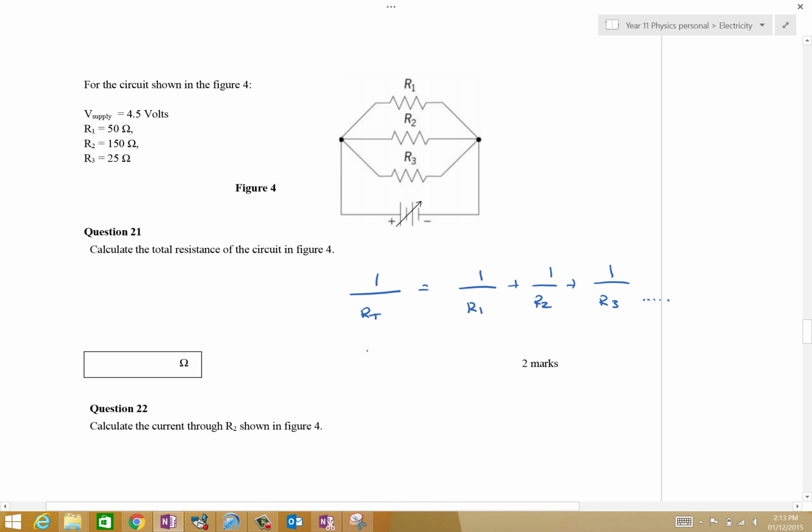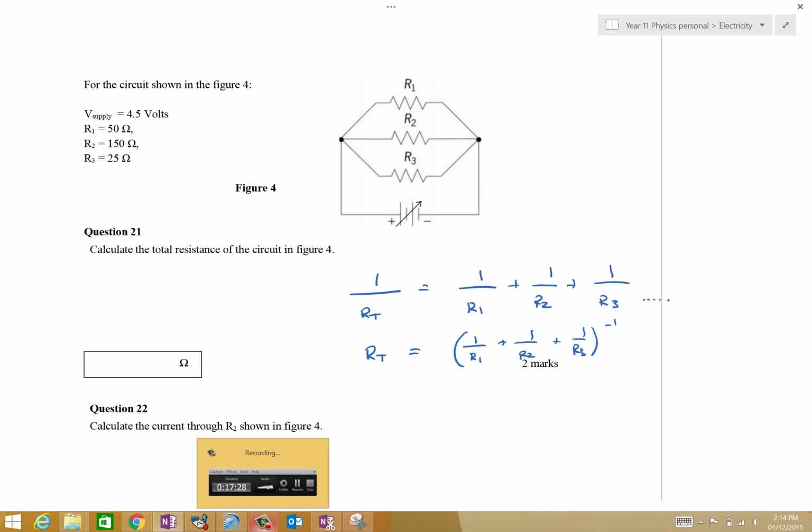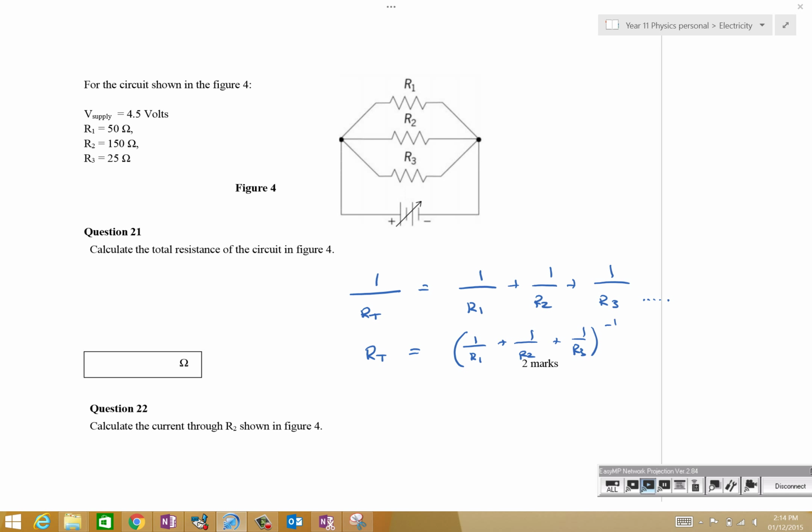Another way of doing that is, in your calculators, we can do that to the power of -1. So have a go.